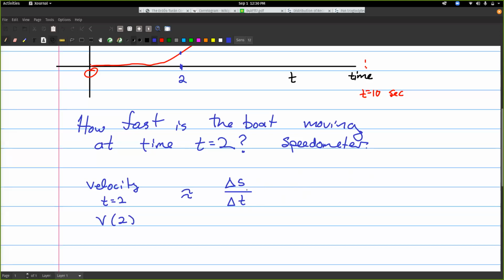The reason I wrote that it's approximately equal instead of exactly equal is because this is actually the average velocity over a short time interval.